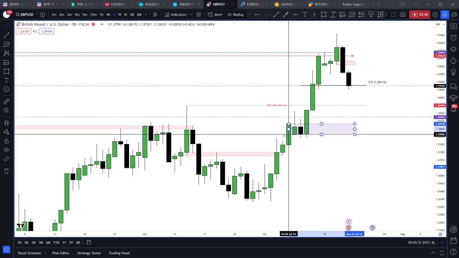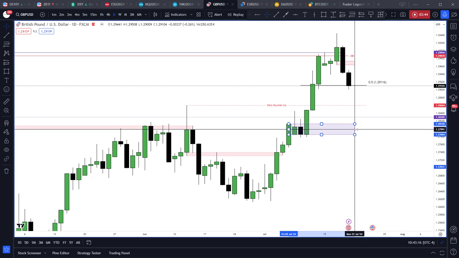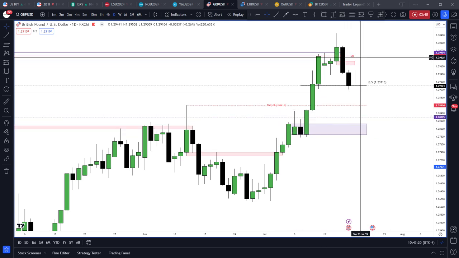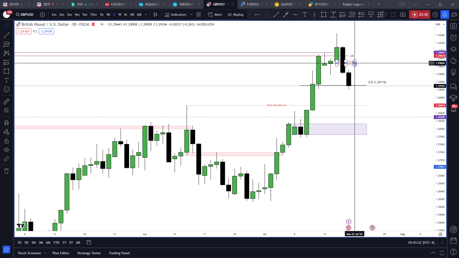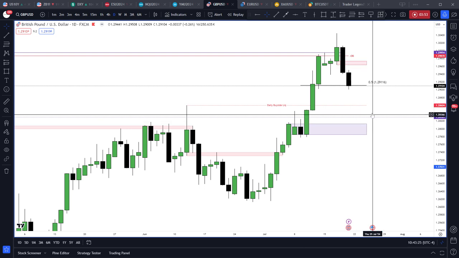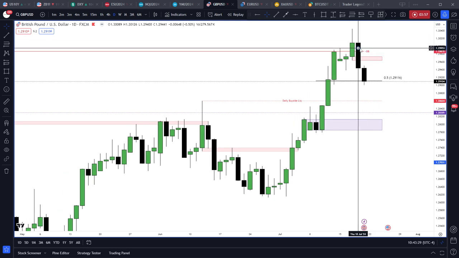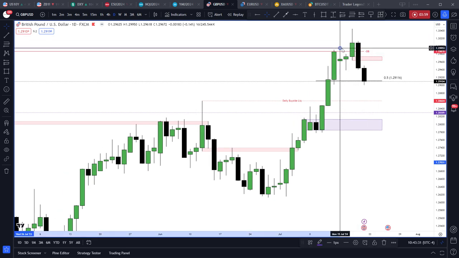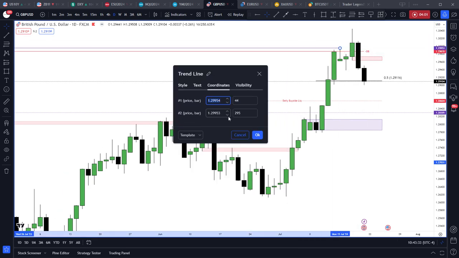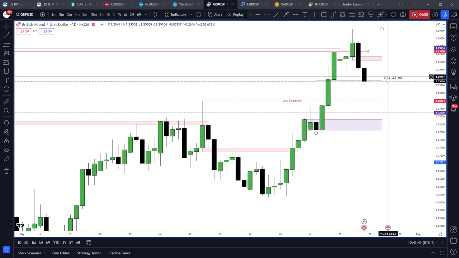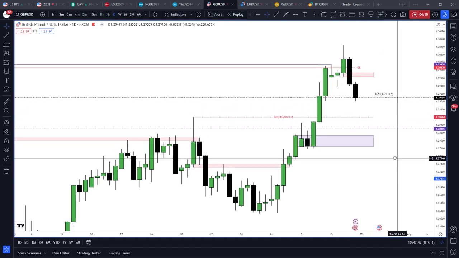This open to that gap, that there is an important price point, something to keep an eye out for. I will be stretching these out, and you know, nice, that's perfect.